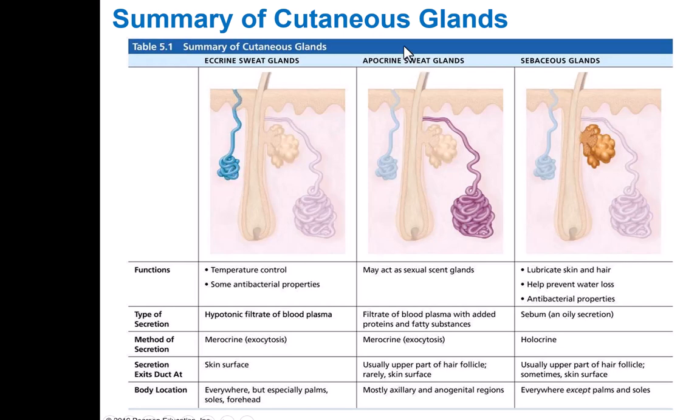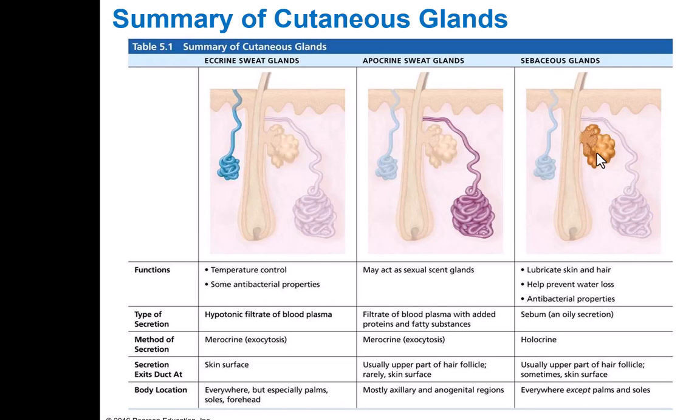An apocrine sweat gland: also long and tubular, but empties onto a hair follicle. Whereas a sebaceous gland, or an oil gland, while it also empties onto a hair follicle, is not long and tubular like the apocrine or eccrine sweat glands. It is shorter, more bulb-looking: fat, short, bulbous, not long and tubular.